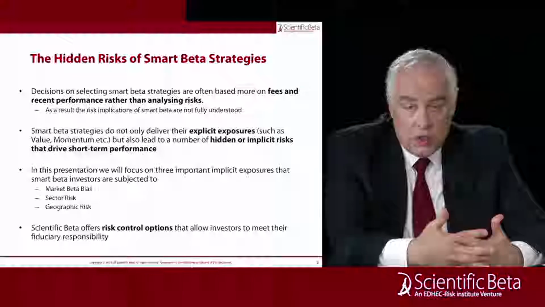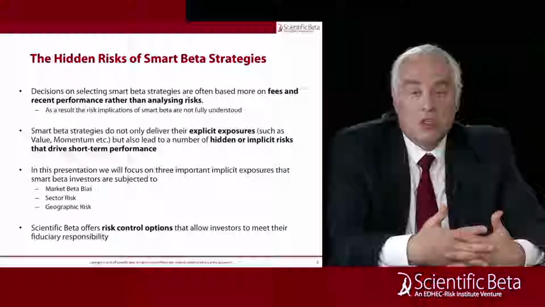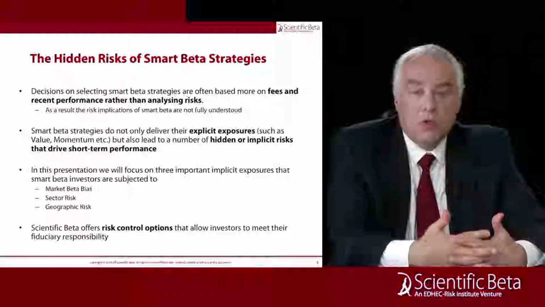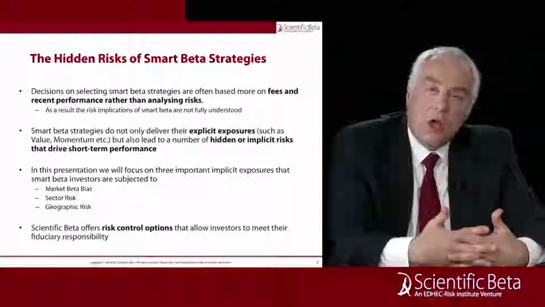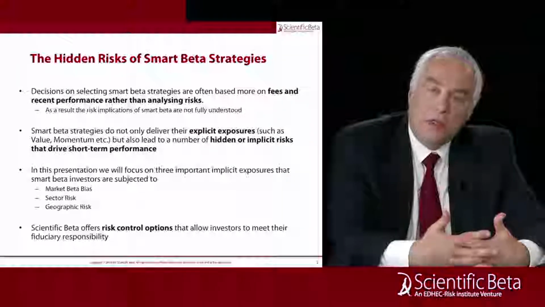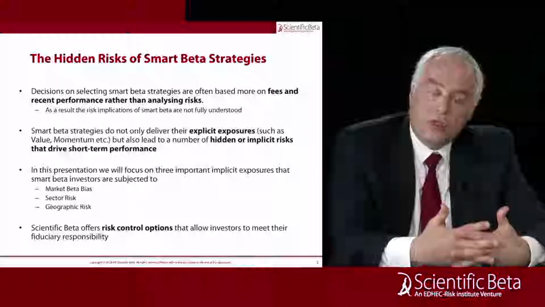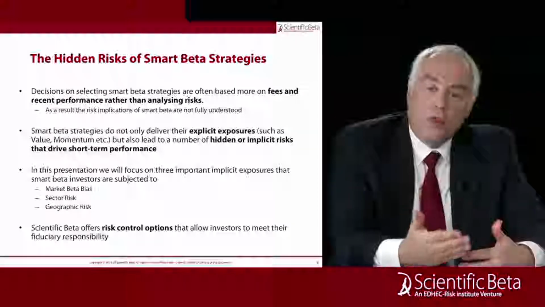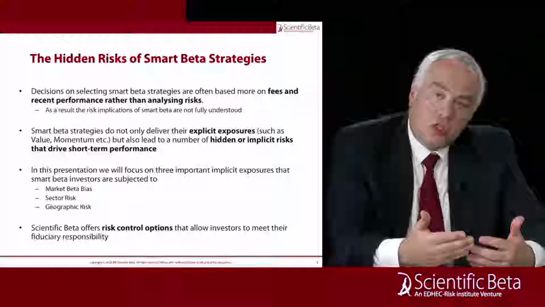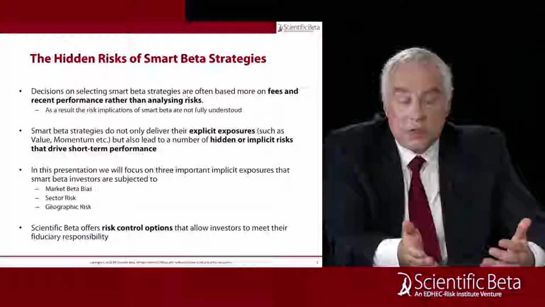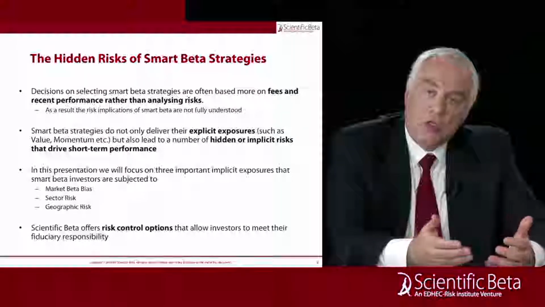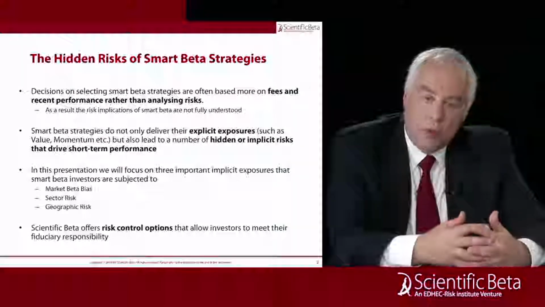Smart beta strategies are selected to provide explicit exposure to some well-rewarded factors like value, momentum, low volatility, and so on. These factors provide good risk-adjusted returns over the long term. But these strategies are also exposed to a number of hidden or implicit risks that could be very important in terms of driving short-term performance.